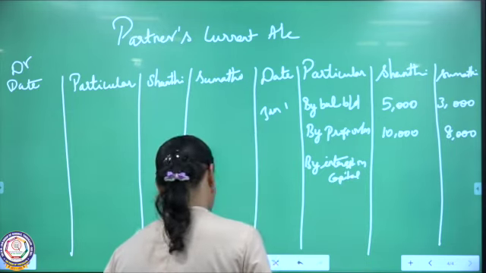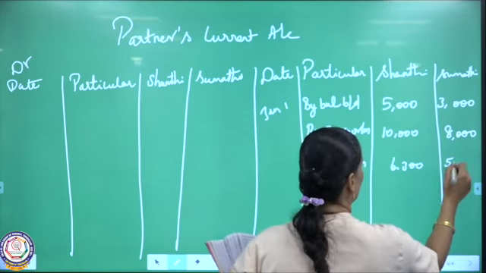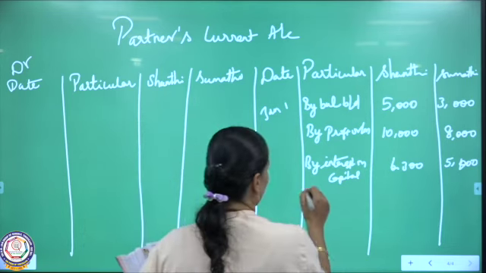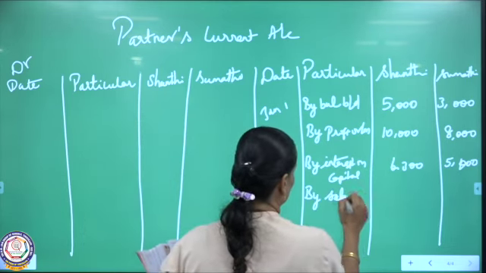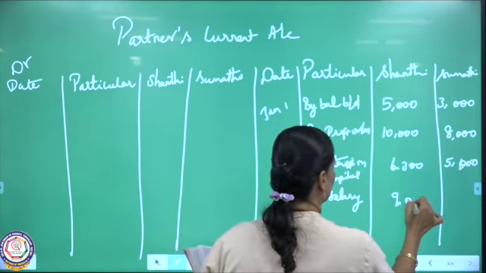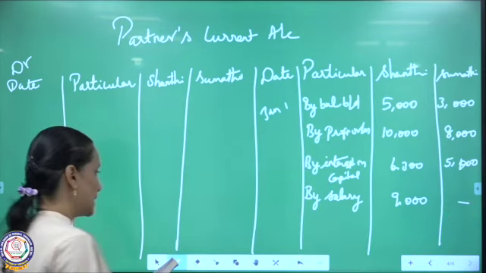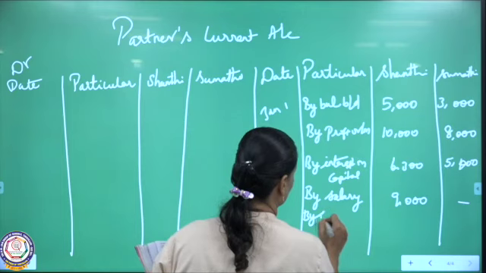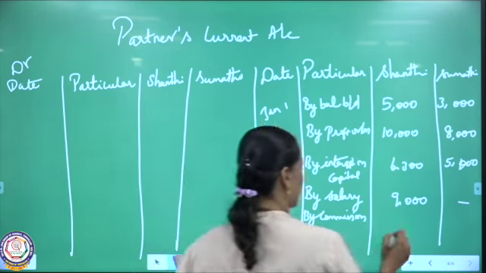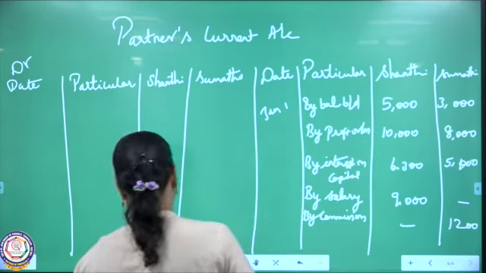How much? 6,300 and then 5,400. And then by salary. Salary 9,000. But this one, she didn't get any salary. And then by commission, commission 1,200.